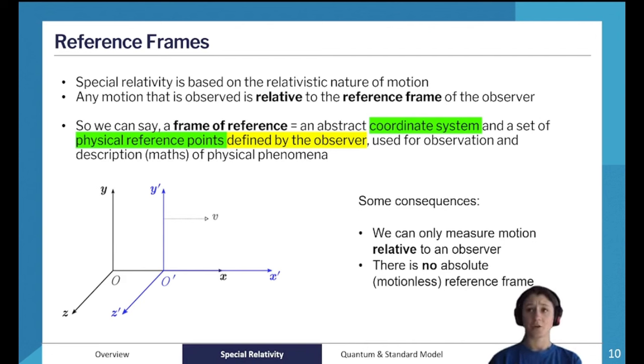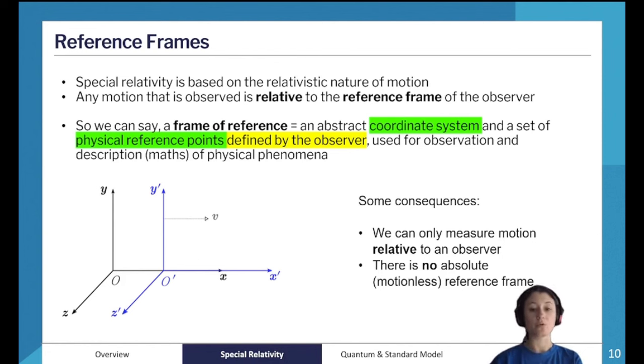The other thing that you need to know is the difference between a relativistic reference frame and relativistic motion. So, relativistic motion or a relativistic frame of reference is one that is not accelerating. Not that it's not moving, it's not accelerating. Alright?